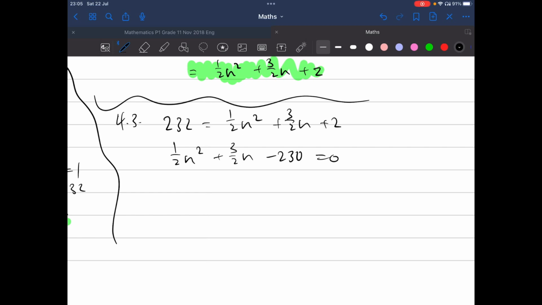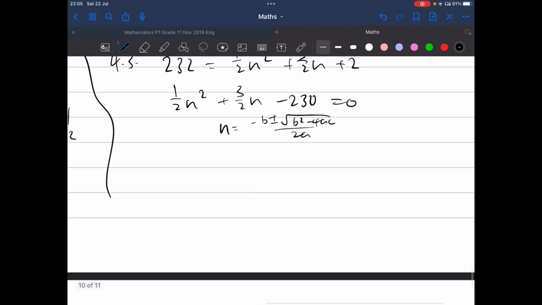Now I can just use the quadratic formula: minus b plus or minus the root of b squared minus 4ac, all over 2a. I'll first put it in my calculator with plus and then with minus, and I'll get two answers.